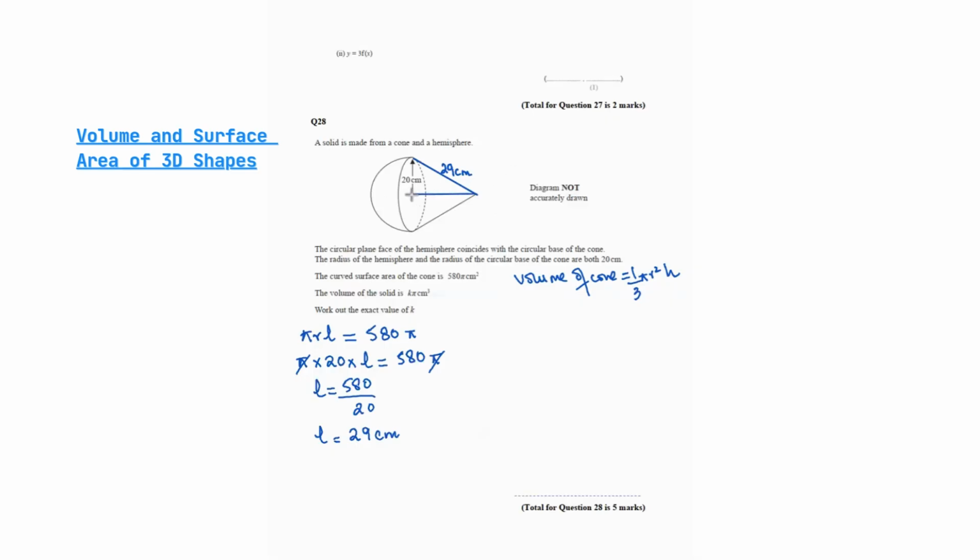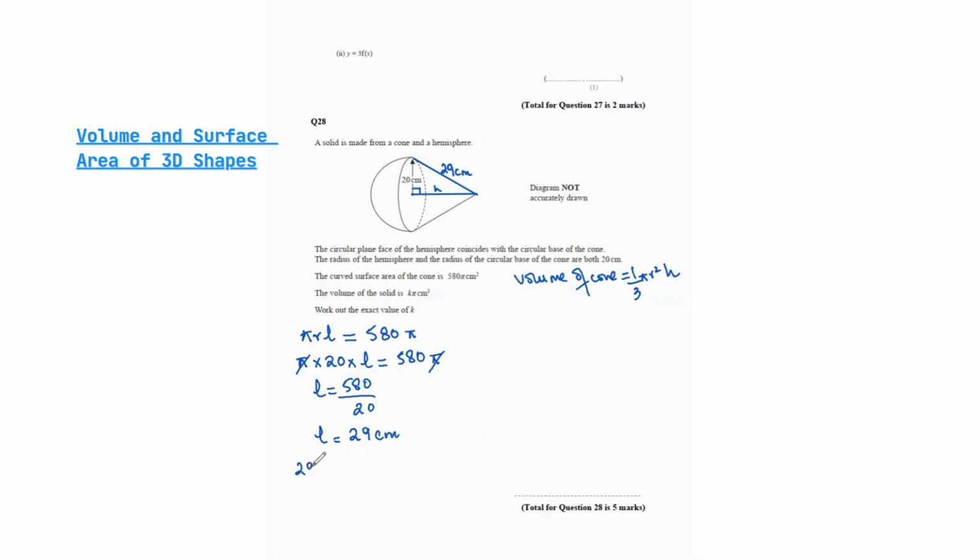this distance. So if you notice, we have a right angle triangle over here. And in this right angle triangle, we have the hypotenuse, we have the base, we need to find the height. So we can easily use Pythagoras to find the height.